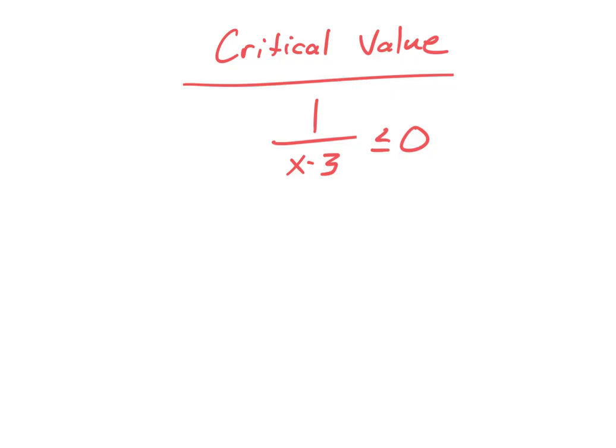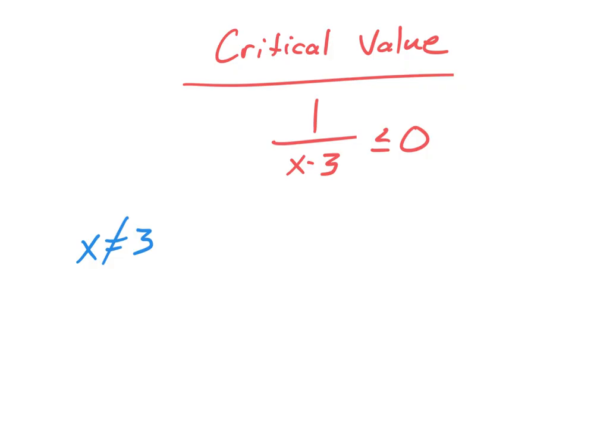If it says what is the critical value, basically a critical value is anything that we cannot have x be. So if I said what value can x not be here, that would make it a critical value. What value would that be? 3, yeah. So my critical value here would be that x cannot be 3.